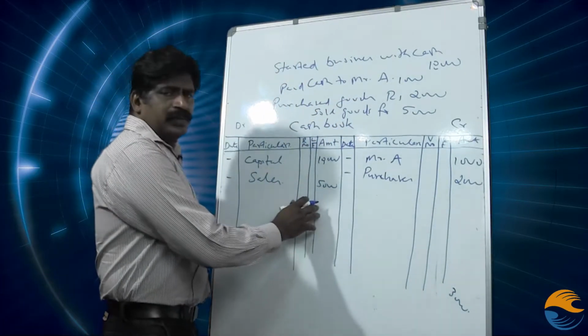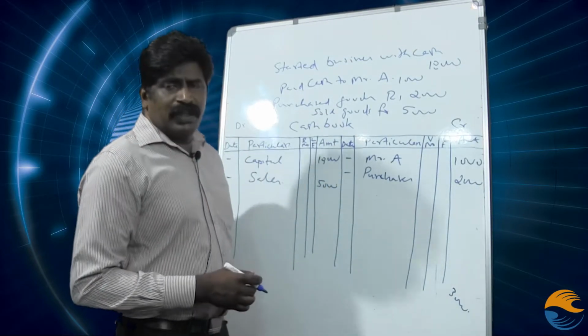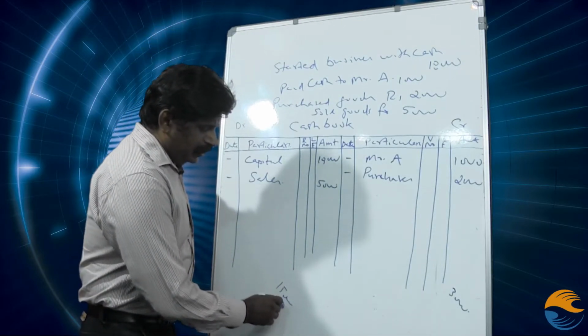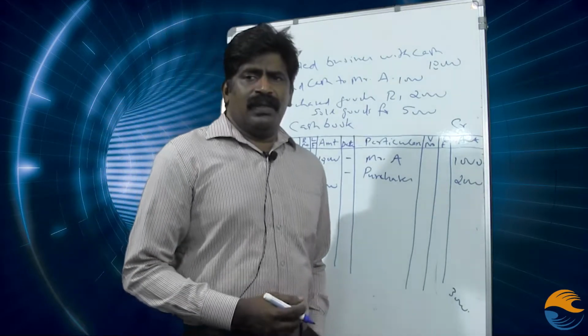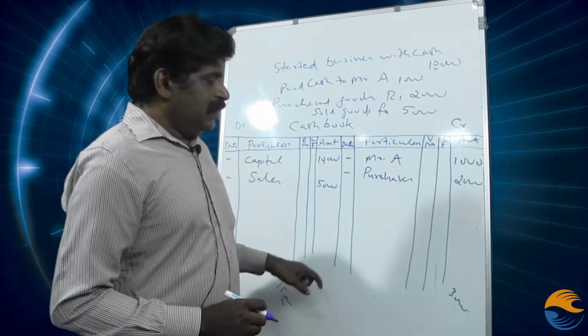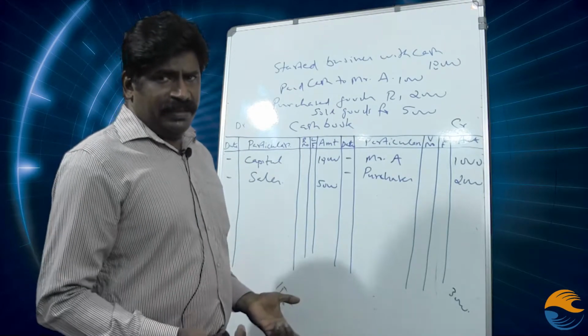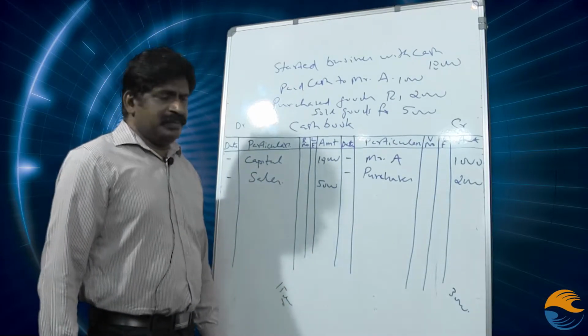And on the debit side, two amounts are here, 10,000 and 5,000. So 15,000 is the total here. Actually, we have to take this total on a rough basis. Then we check where the amount is the highest. Here, the debit side is the highest amount.